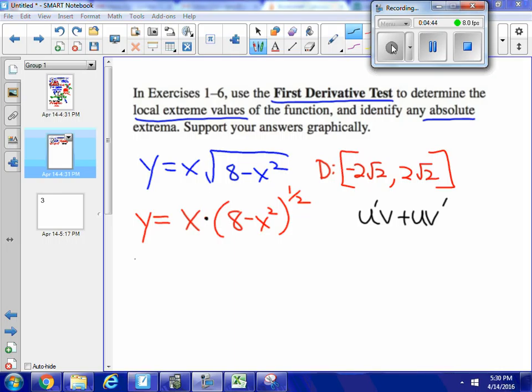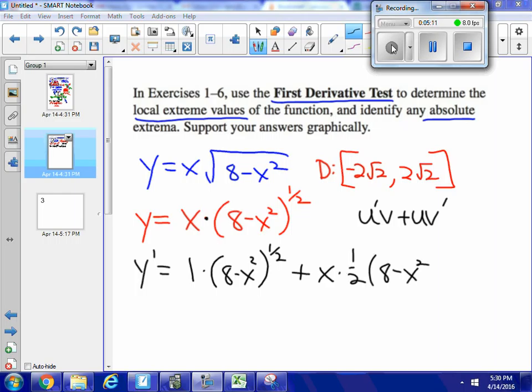So let's do it. y prime is equal to the derivative of my u, the derivative of x is 1, times v, which is 8 minus x squared to the 1/2, plus u, which is my x, times the derivative of v, which is 1/2 times 8 minus x squared to the negative 1/2.